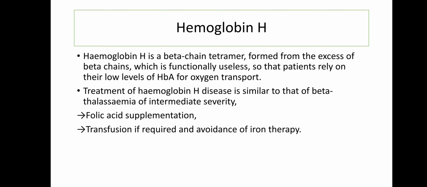Hemoglobin H is a beta chain tetramer formed from excess beta chains, which is functionally useless, so patients rely on their lower levels of hemoglobin A for oxygen transport. Treatment of hemoglobin H disease is similar to that of beta thalassemia of intermediate severity, with regular transfusions, folic acid 5 mg per day supplementation, transfusion if required, and avoidance of iron therapy.